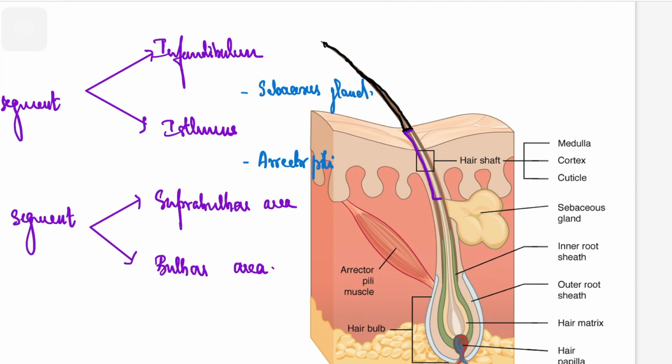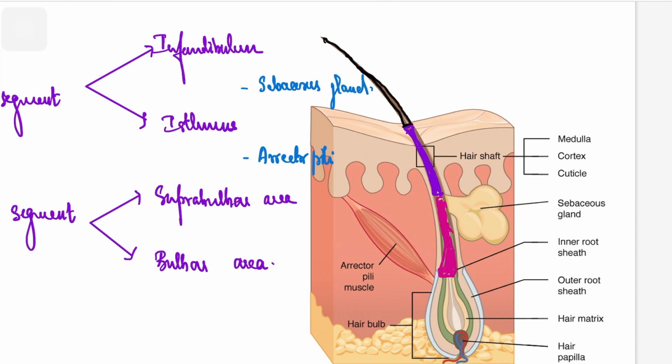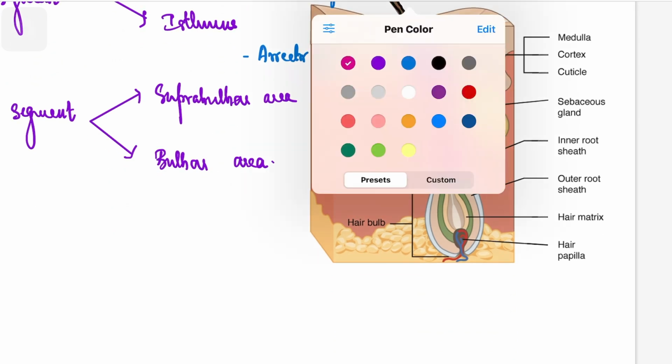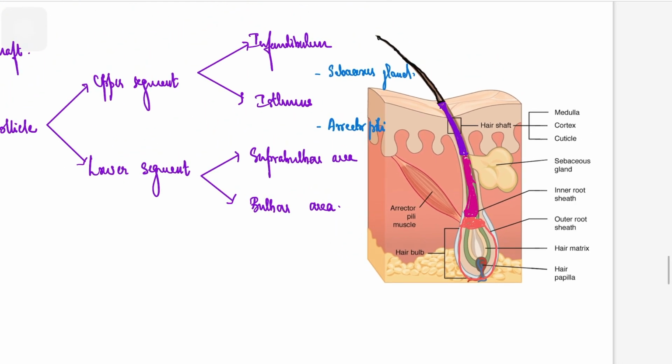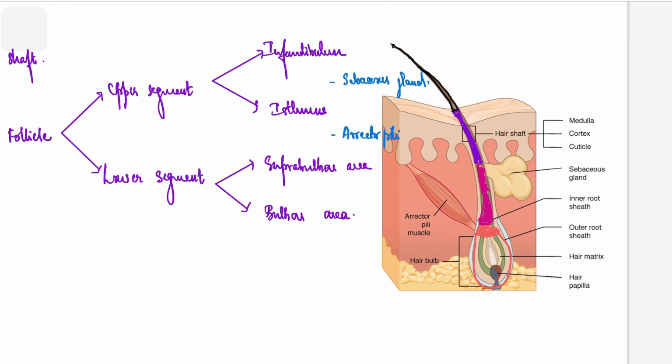Between the surface of the skin and the attachment of the sebaceous gland, this part is the infundibulum, and between the sebaceous gland and the attachment of the erector pili muscle, you see the isthmus. Below the isthmus you see the bulb, and this small area is called the suprabulbar area, and below which you see the bulbar area. This is about the longitudinal section of the hair.